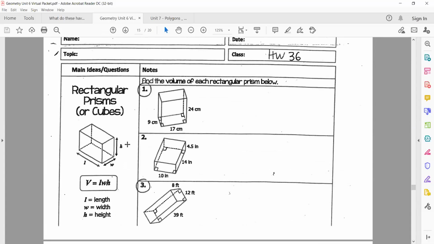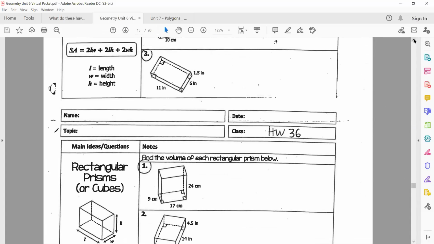Volume is much easier. And the thing you have to be aware of is, because this is easier, a lot of people will confuse it with surface area.